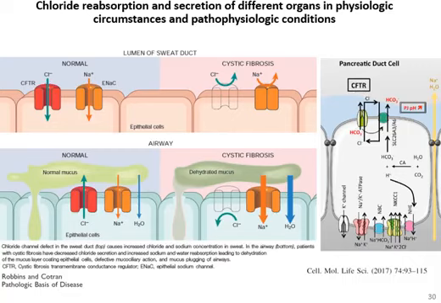If CFTR cannot function properly, chloride cannot be excreted, and sodium reabsorption will be excessive, and it will be accompanied by excessive water reabsorption and mucus dehydration, and this sort of thick mucus will completely inhibit the normal mucociliary clearance process, and it will lead to congestion of the mucus and therefore proliferation of bacteria in the respiratory system, which will make you prone to develop chronic respiratory infections, usually by opportunistic microorganisms like Klebsiella, Pseudomonas, and Proteus.